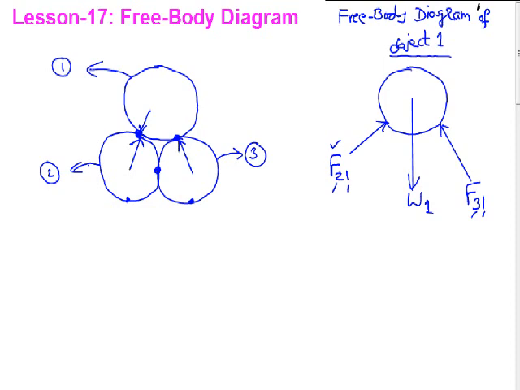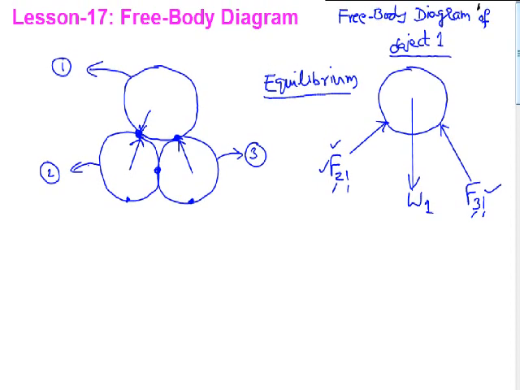Whatever information you can infer from the diagram of the system, all the details are available in this free body diagram of object 1. Now whatever analysis we have to do, be it equilibrium analysis or the task of finding what these forces F21 and F31 are, you can perform it for this diagram.